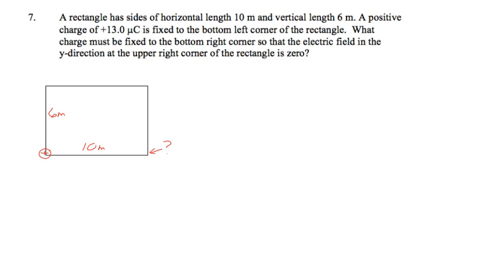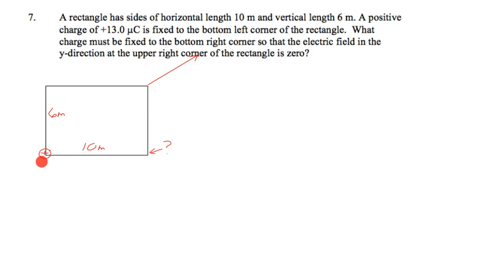If you remember, electric field vectors go away from positive charges. So the direction of the electric field here is going to be in that direction. Okay, so that's my electric field in that corner, caused by this charge right there.